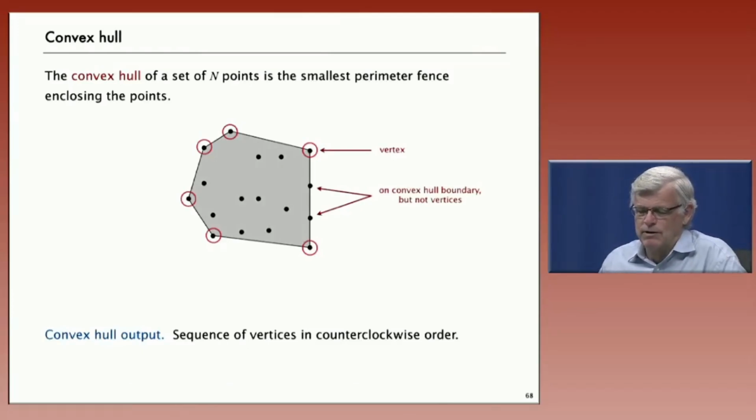Now, what should the output of such a program, such a method, be? Well, in order to be able to work with the result, it should be a sequence of vertices that gives us that polygon if we follow it. If we've got some points that are on the boundary but aren't really vertices, they shouldn't be included.